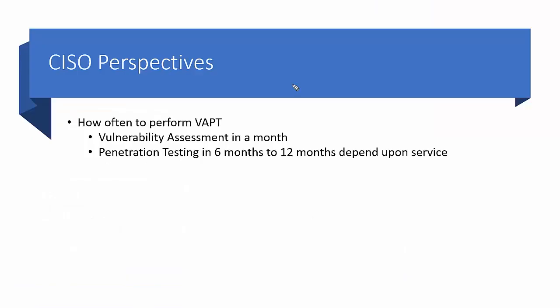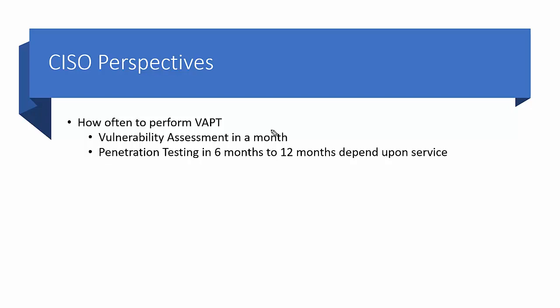Now, another important point is how often to perform VAPT in the company. VAPT is not something we do every day. If your projects are very critical, you can do vulnerability assessment every 2 or 3 months to ensure everything is okay, and PT every 6 months.